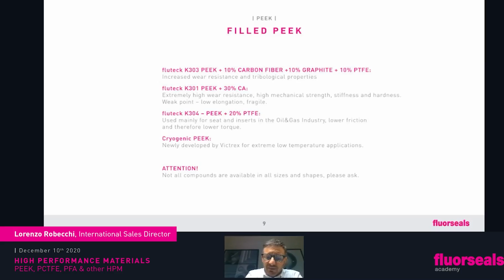Not everything is available in all shapes, sizes, quantities that you like. Let's make an example. Oh, I see the PEEK 30% CA. Good. I really need a very strong material for my application. Good. That sounds perfect. I need a sheet which is 100 millimeter thick. Sorry, you're not going to get that.